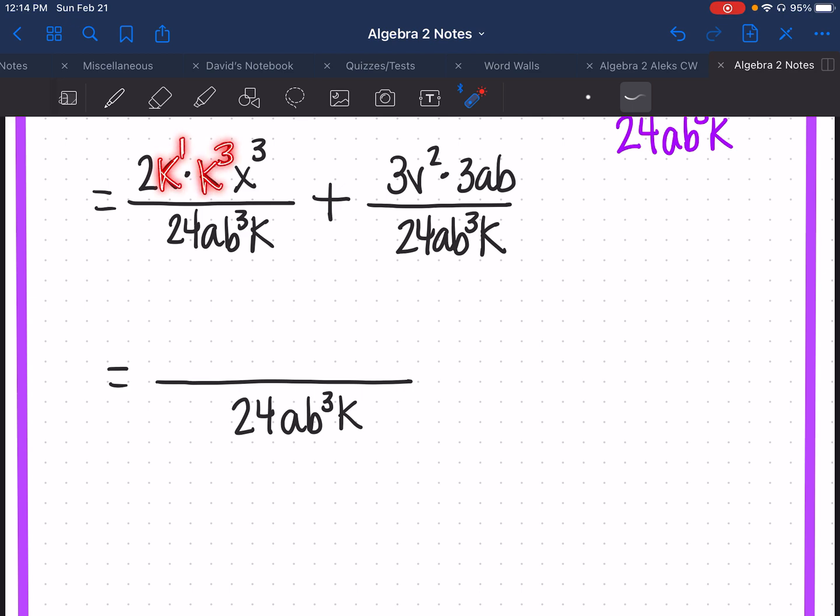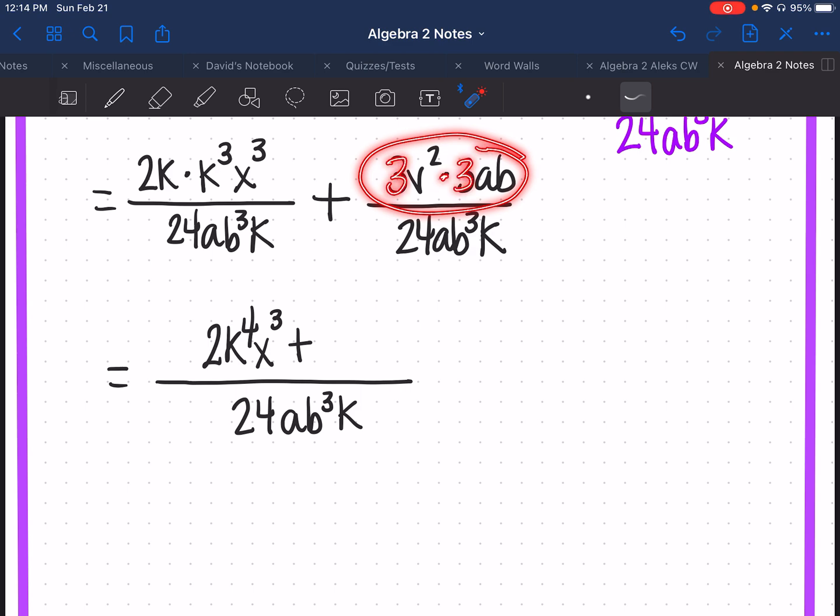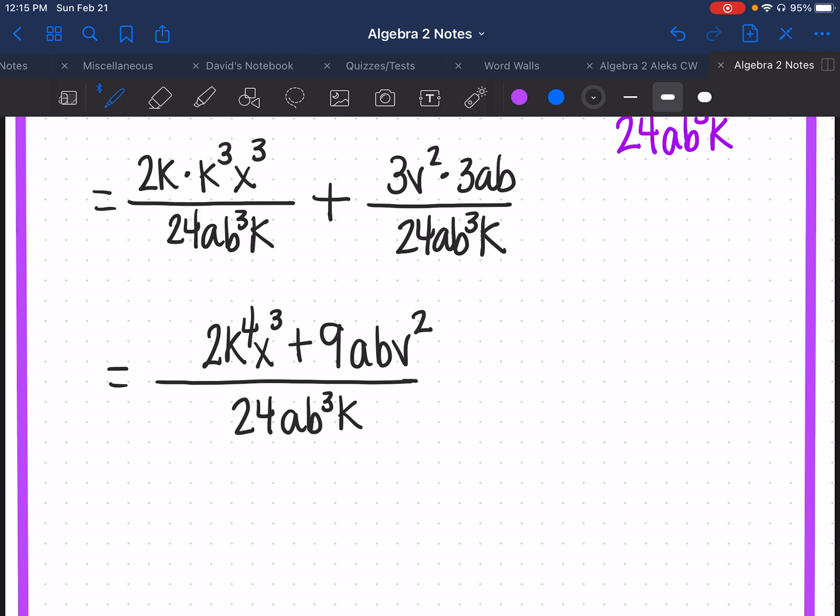So I'm going to have this 1 k and I'm going to add to it the 3 k's. That's going to give me 4 k's, and then the x third stays. In my second denominator, I am going to go ahead and multiply 3 times 3. And then since all of my variables are different, I'm just going to put them in alphabetical order. So 3 times 3 is 9, a, b, v squared.